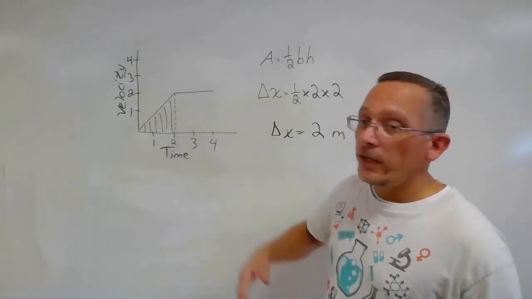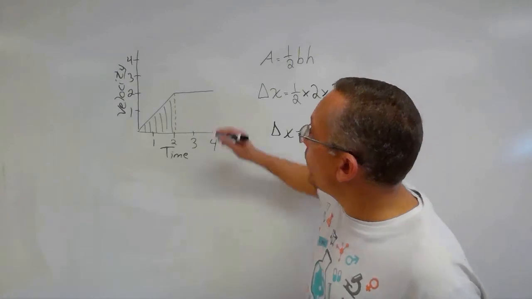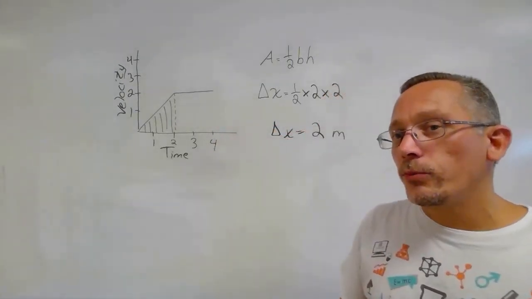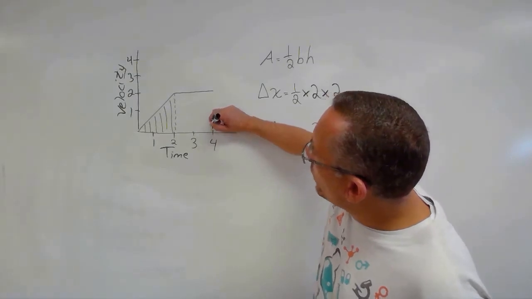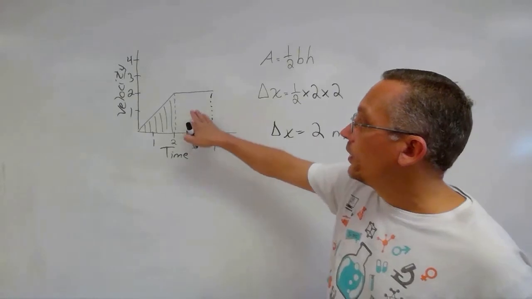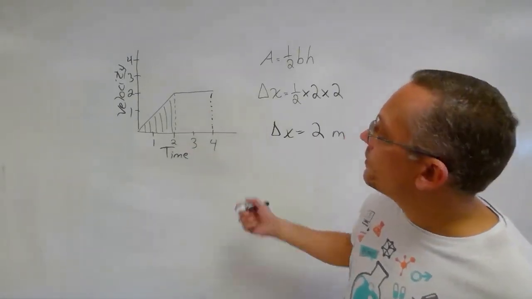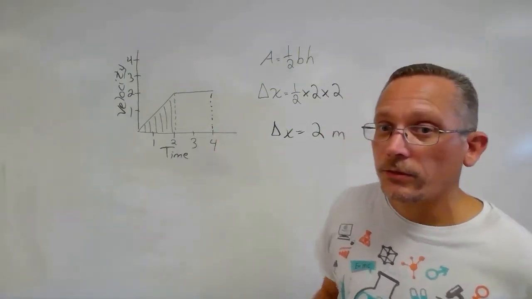If you need to know the whole thing, then we can break it up into parts. So we found this part. What if I wanted to know how far it is from where it started after 4 seconds? We had this triangle, we just found its area. Now we have this square, we can find its area. It goes up 2 and it goes over 2, so that is a square.